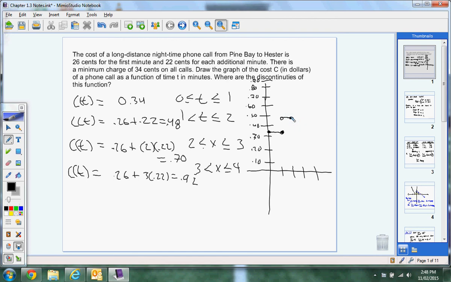Right, so should be, no, you're right. So I had it right, didn't I? I think you're right. I mean, this is open, that's closed. Yeah, you're right. Open, closed, that should be open. Let's see here. So we said 0 and 1 is equal to 34 cents.